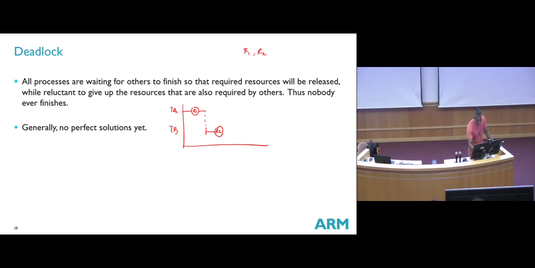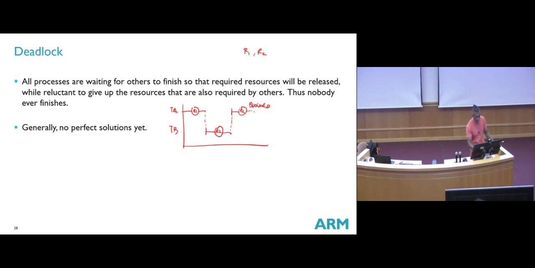Then after a while there's a context switch. Now what happened? Task A says, I want resource 2 now, because I want resource 1 and resource 2 to continue to run. But resource 2 is held by task B. So what will happen? At this point, task A goes to a blocked state.